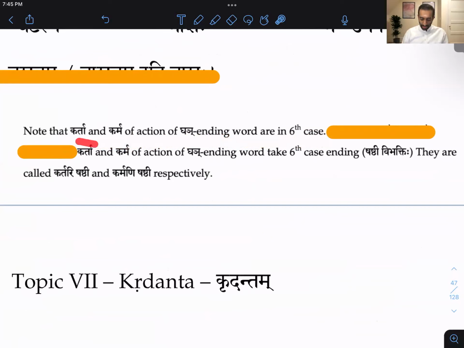The karta or the karma of the ghan-ending action word, ghan-ending kṛdanta, is going to be in the sixth case. Shashti vibhakti, that's called kartari shashti and karmani shashti, respectively.